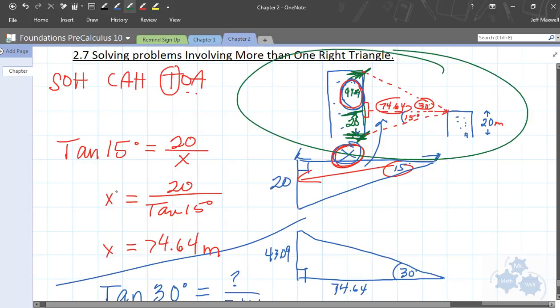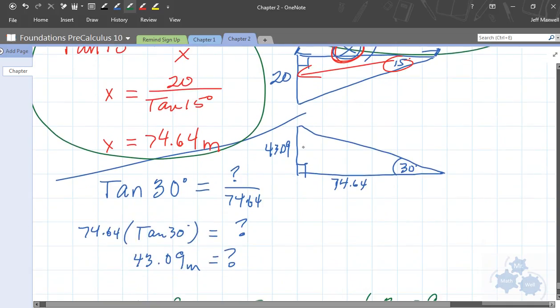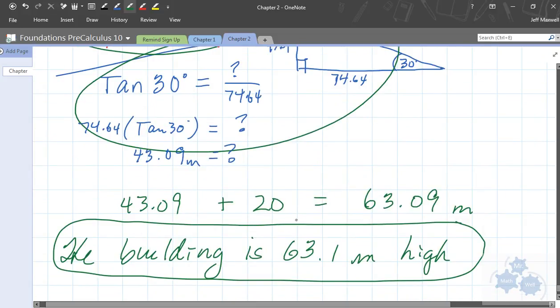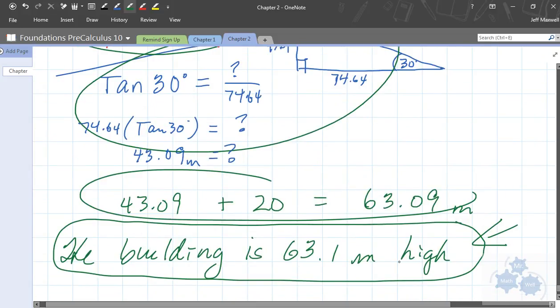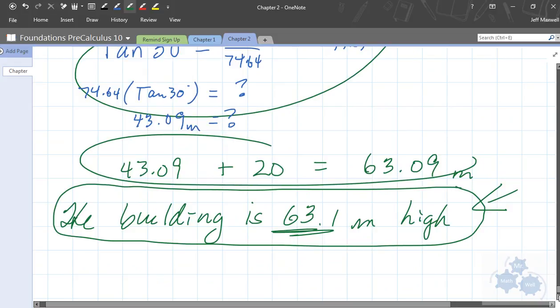Do a diagram, okay? Show all your work for each piece. Label your diagram as the pieces are found. Show your work. Circle your answer at the end. So put all those pieces together. Okay? Questions?